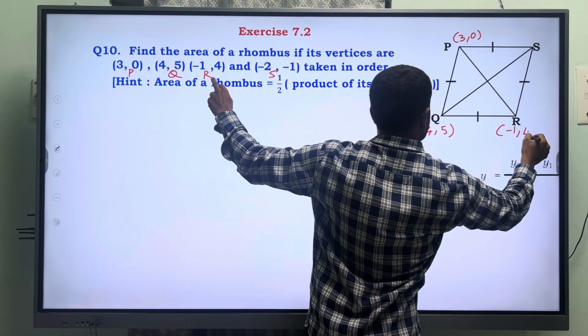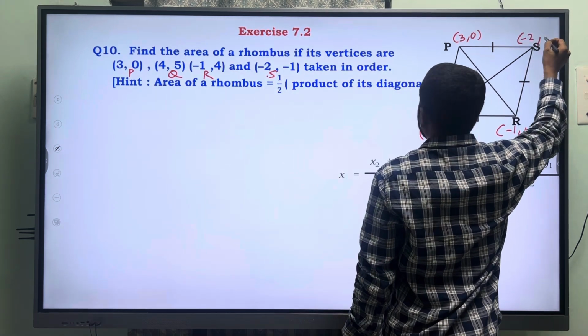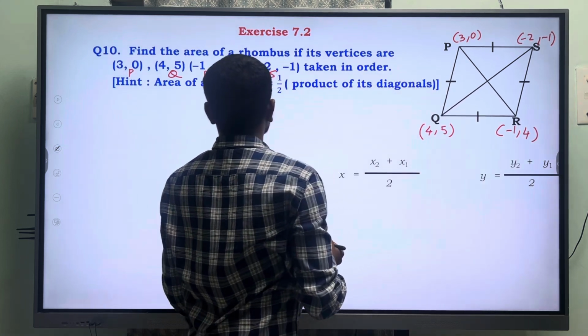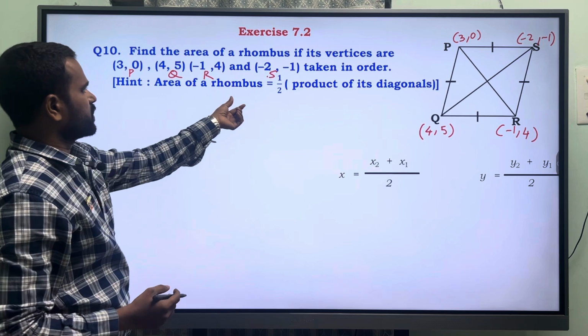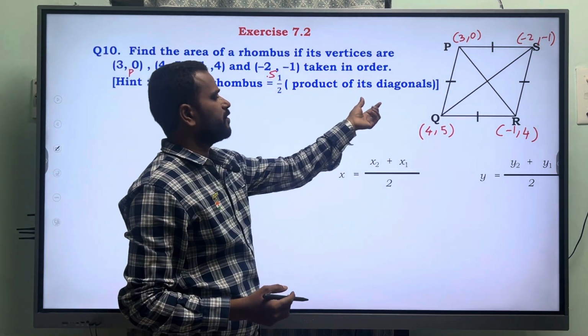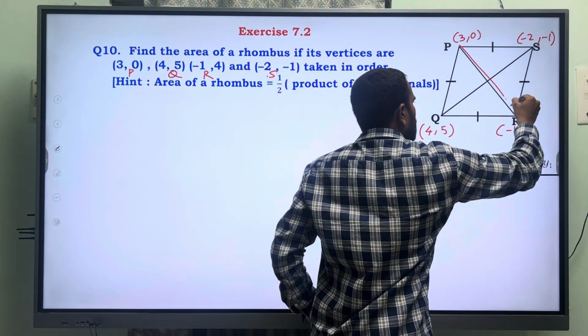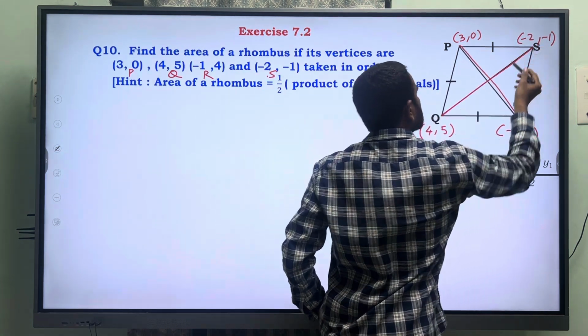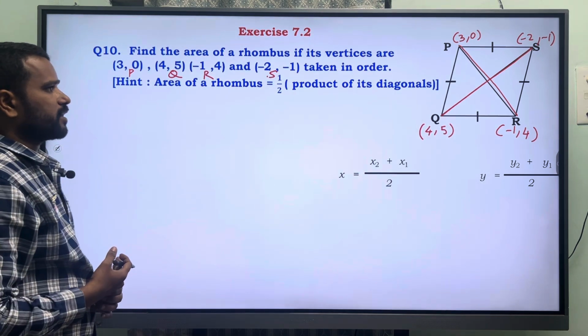Minus 1 comma 4, S is how much? Minus 2 comma minus 1. So we need to find the area of the rhombus, right? The area of the rhombus is given as half of the product of its diagonals. So what are the diagonals here? PR and QS. These are the diagonals.